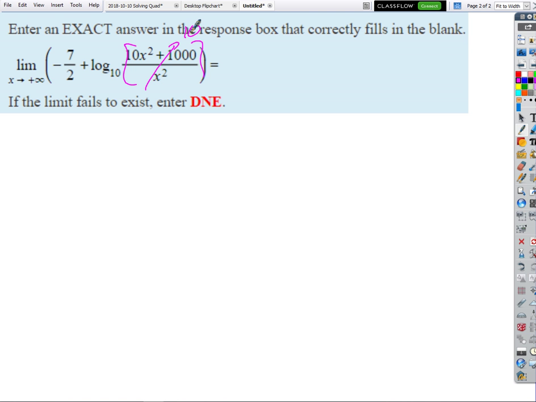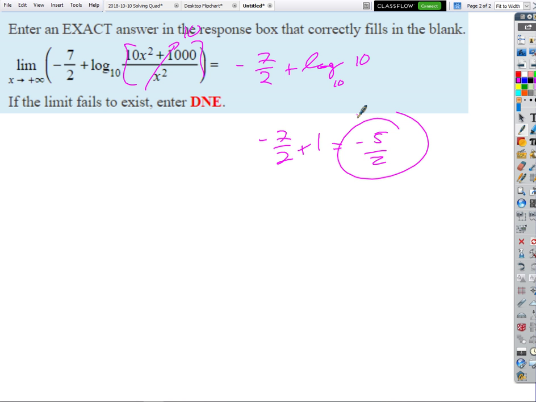Now we have to simplify this. We get negative 7/2 plus the base 10 log of 10. What's the base 10 log of 10? 10 to what power is 10? 1. Okay? Did that work? That's the first one.